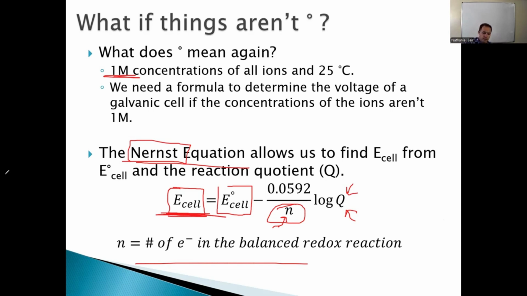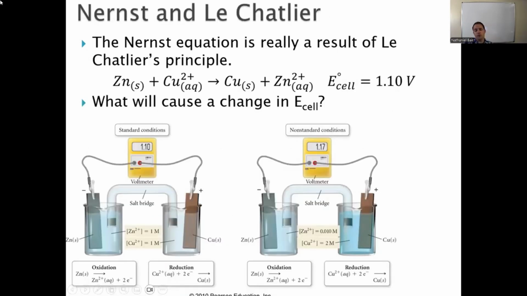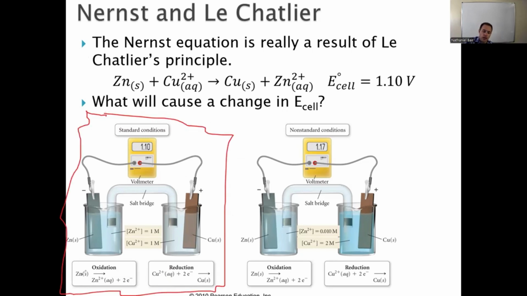We've got to practice. I want to predict the voltage for this battery here. If we look at this battery, this would be your standard zinc copper battery. And this is actually the first battery you're going to build in lab tomorrow night. It's standard because the concentration of the zinc ions is 1 molar, and the concentration of the copper ions is 1 molar.